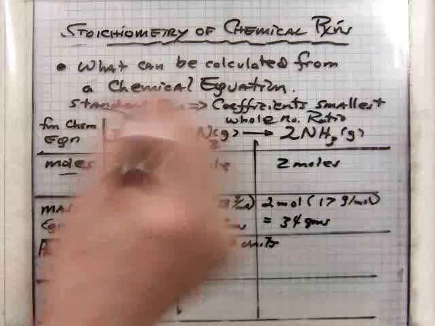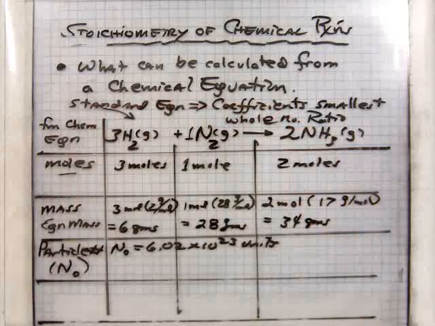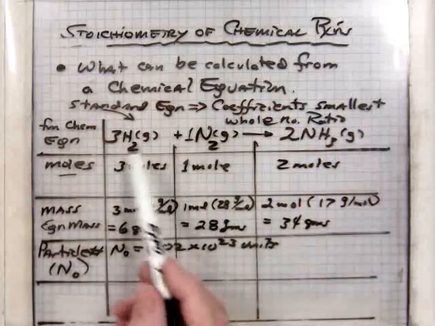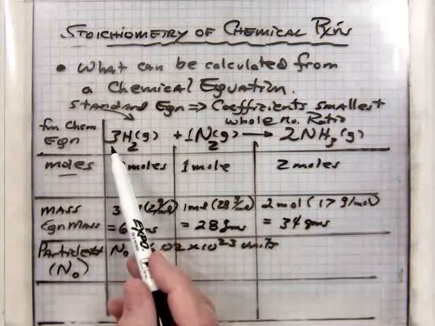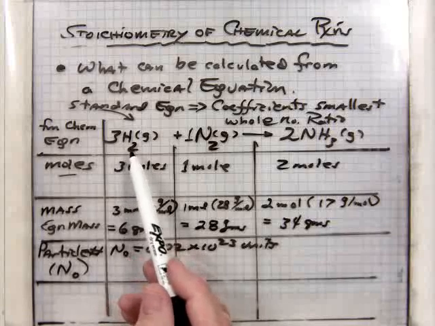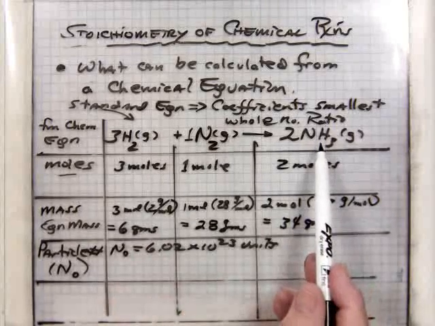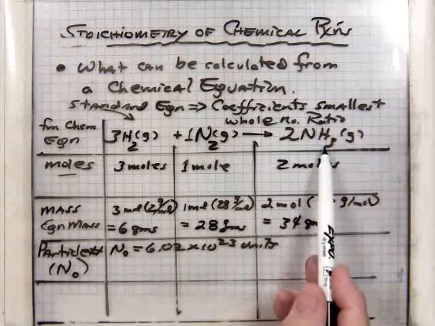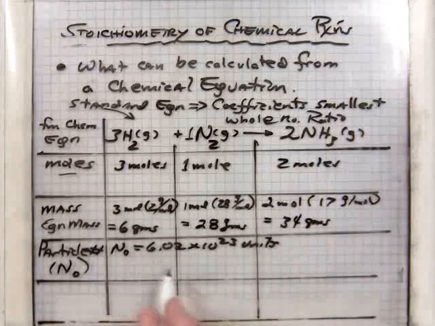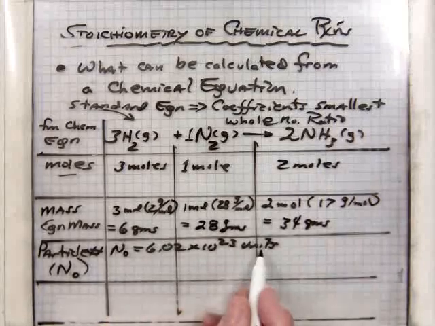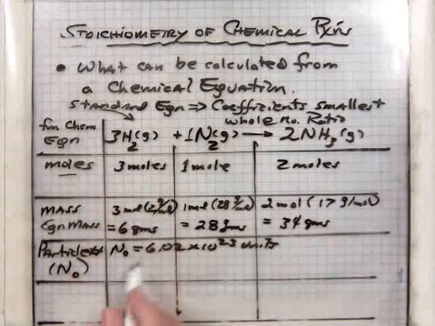Now these are all molecules: molecular hydrogen, molecular nitrogen, molecular ammonia. So here we're talking about 3 Avogadro's numbers of molecular hydrogen, 1 Avogadro's number of molecular nitrogen, and 2 Avogadro's numbers of molecular ammonia.